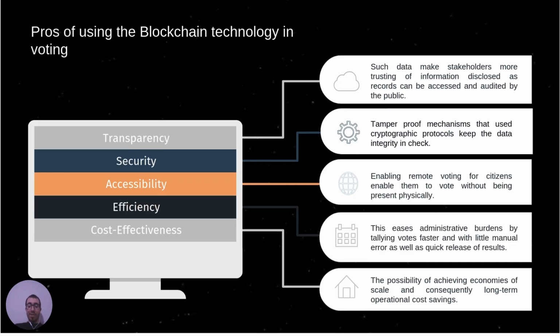So, the advantage of using blockchain technology in voting is transparency. Voters can access the records easily. As well, in terms of security, the cryptographic protocols keep the data integrity in check. As well, accessibility is maintained, as citizens do not need to go and be present physically.